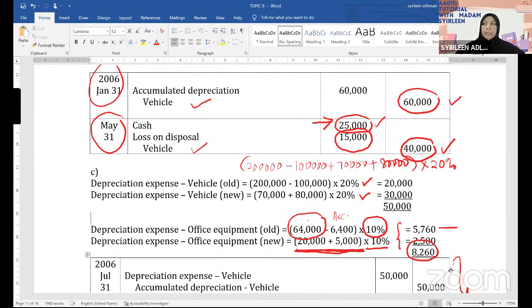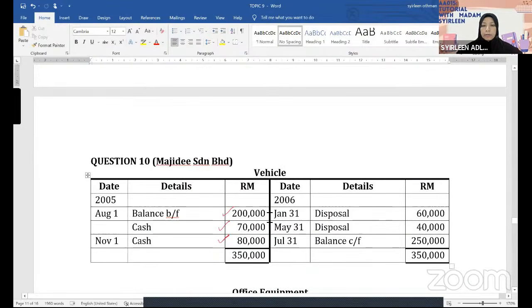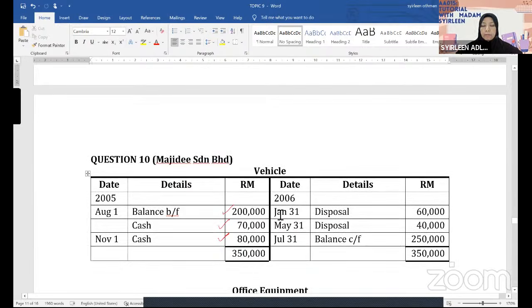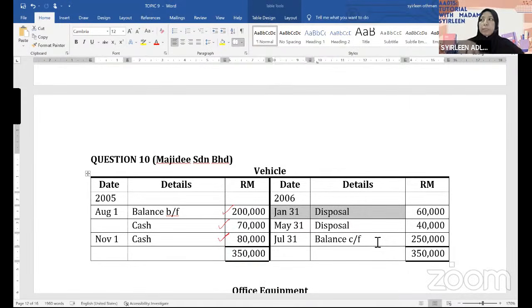So dua-dua ni akan masuk dalam ledger di vehicle. Alright, so vehicles kamu ada January 31st, you have disposal. Okay, write that as disposal sebab memang kita tak guna the double entry system prinsip yang kita biasa buat. Journal tak perlu. I'm doing that so that you nampak lah dari mana saya dapat posting tadi.